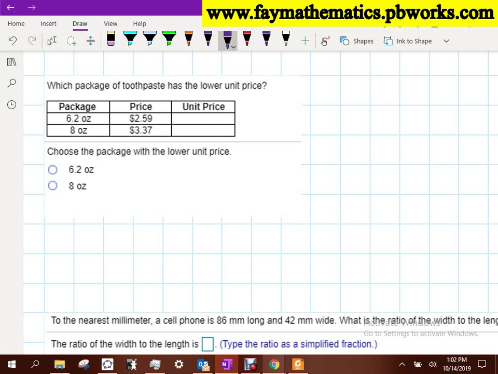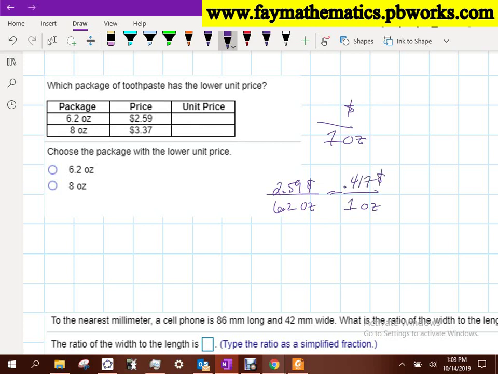I want to figure out what it is per 1 ounce. So what I'm looking for is a cost per 1 ounce. In order to do that, this is very easy. I take the price of $2.59 and divide it by 6.2 ounces. And when you do that, it converts it into some number, and I believe it's 0.417.